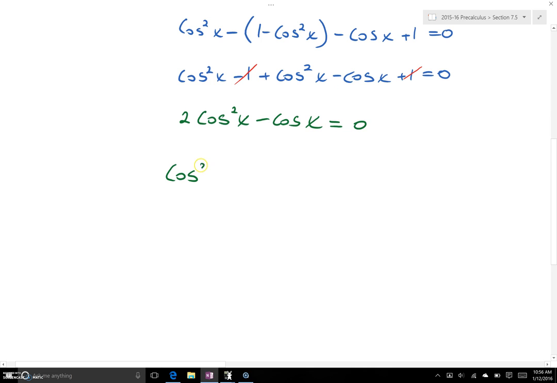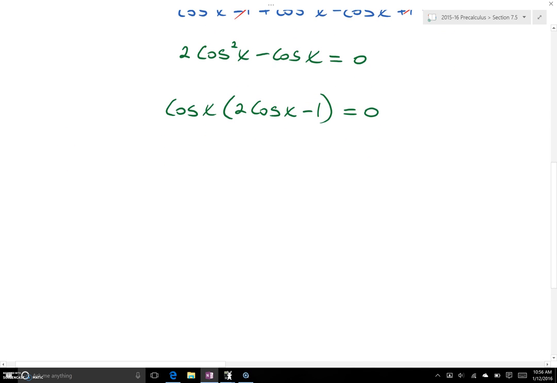So we'll pull out our cosine x, and we're left behind with 2 cosine x minus 1. And same thing, this is going to be equal to 0 when either of the two factors is 0. So we've got cosine x is equal to 0, or 2 cosine x minus 1 is equal to 0.